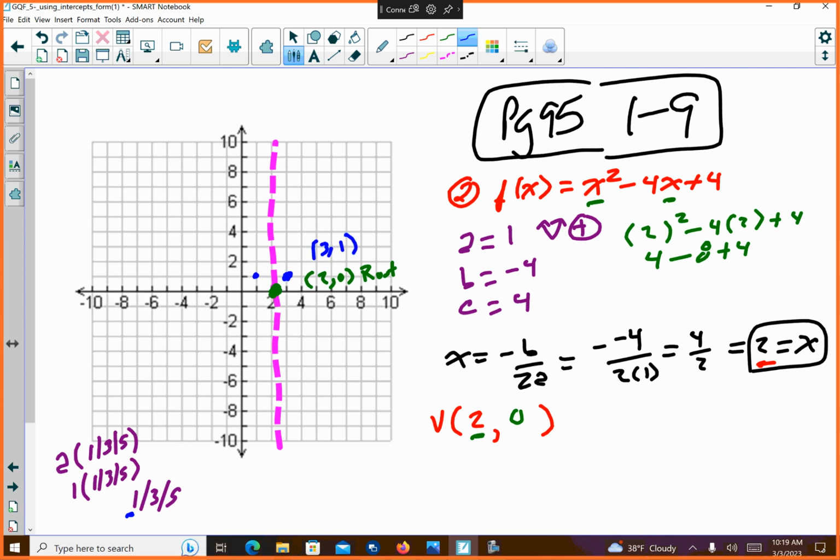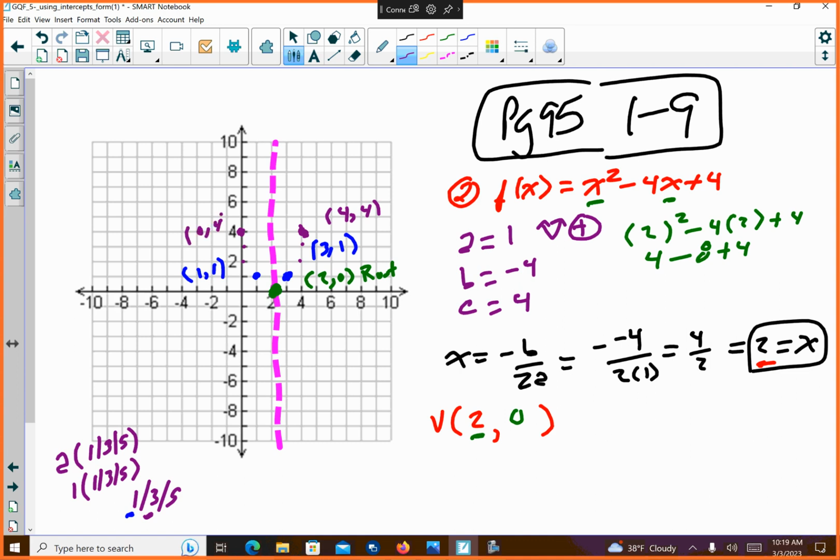Left 1, up 1. That takes me to 1 comma 1. Then my 3, I'm going to go right 1, up 3. That takes me to 4 comma 4. Left 1, up 3, excuse me. That takes me to 0 comma 4.